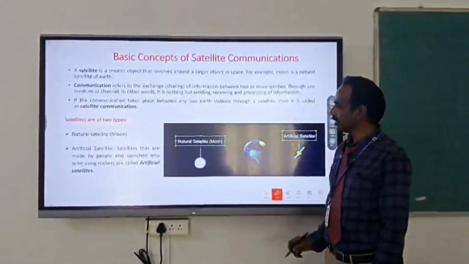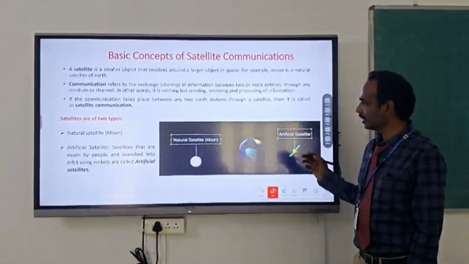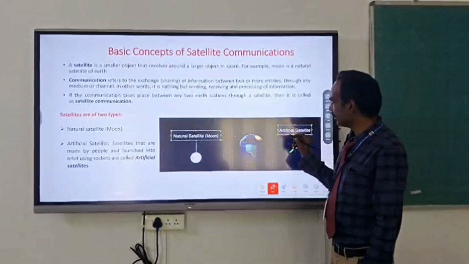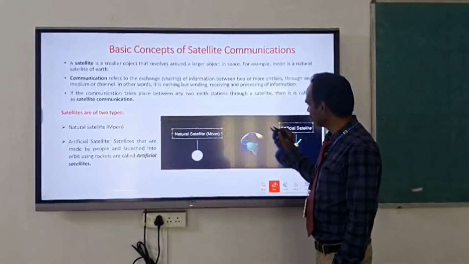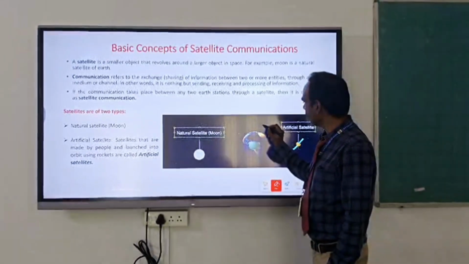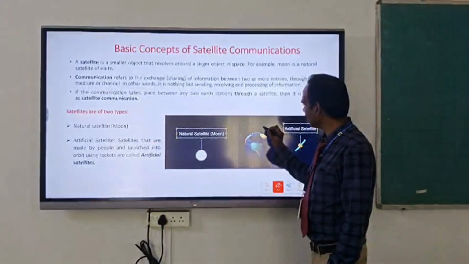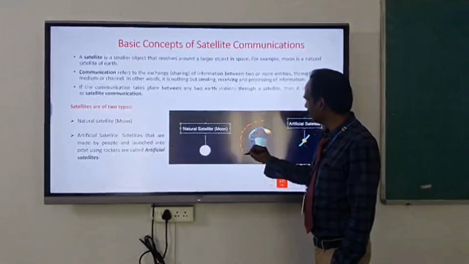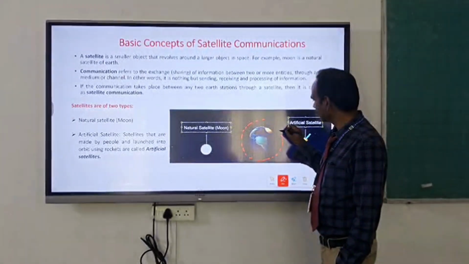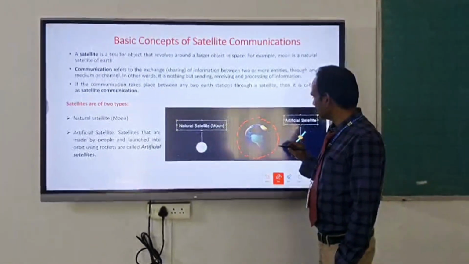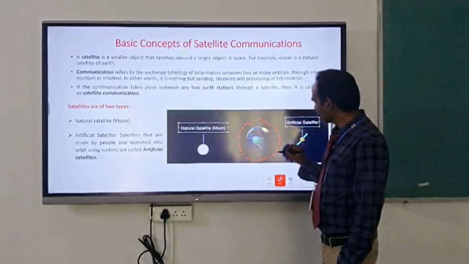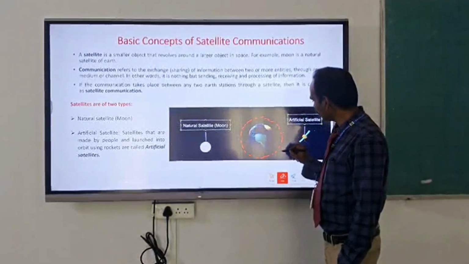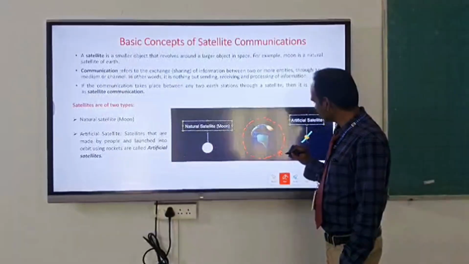So, what is a satellite? A satellite is a smaller object which revolves around the earth in a fixed path. Look here, this red dotted circle is an orbit.